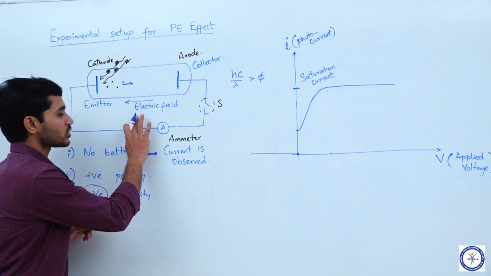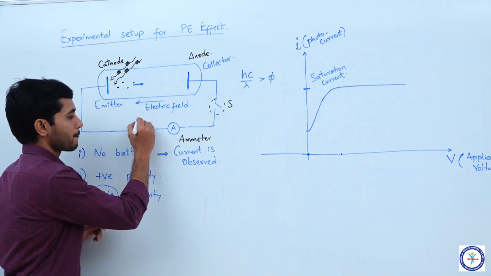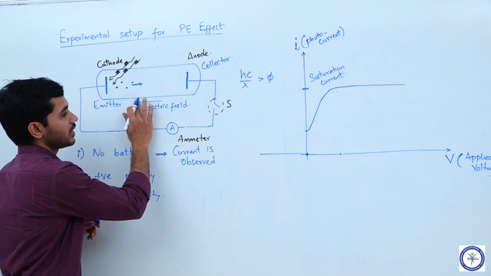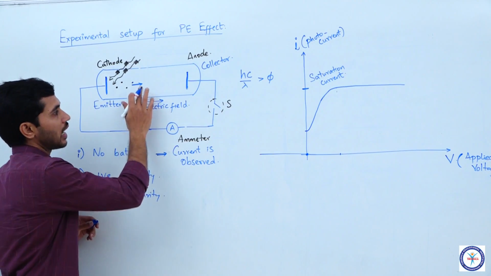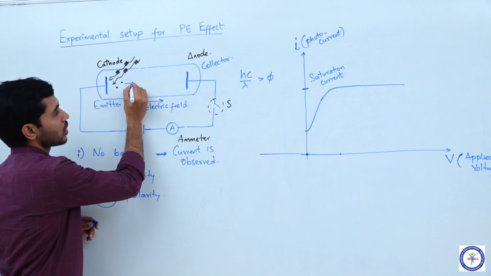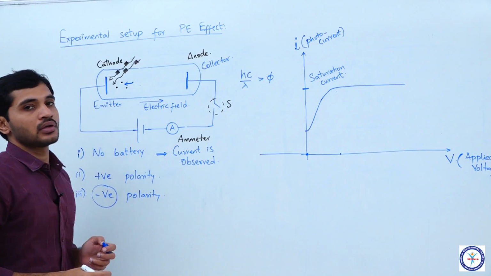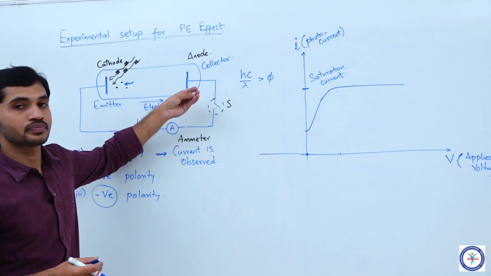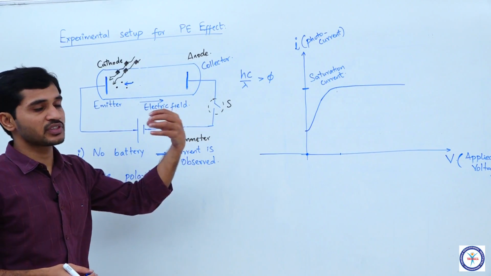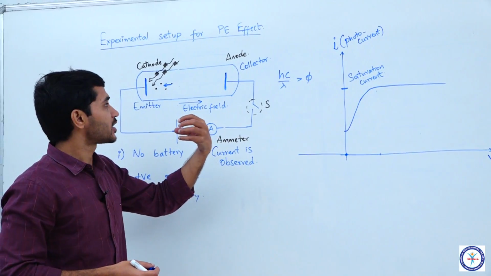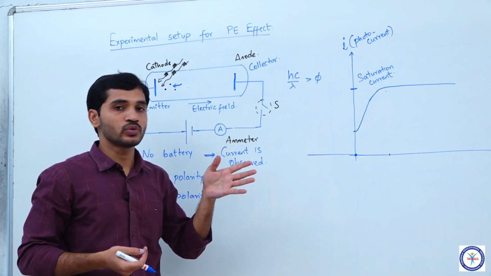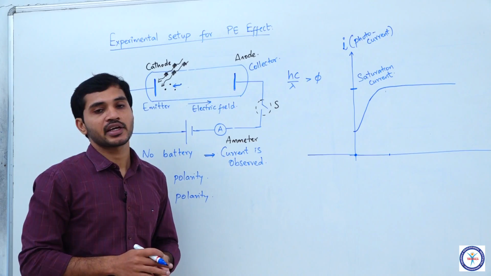When the polarity was like this, the electric field was like this, and the force acting on the electron was like this. So, even the electrons coming out with some velocity experience some deceleration. They come out, but they start decelerating, so they are losing their kinetic energy.